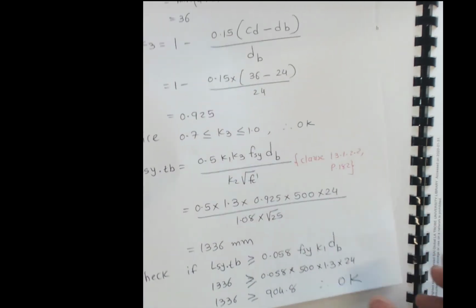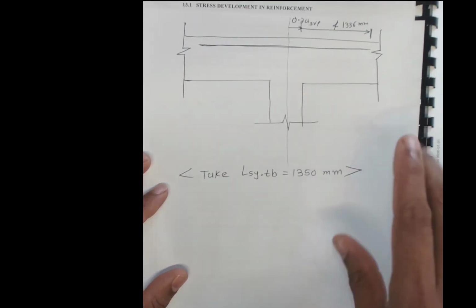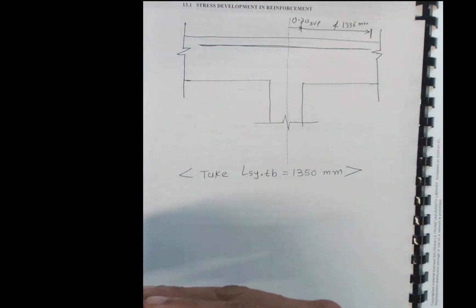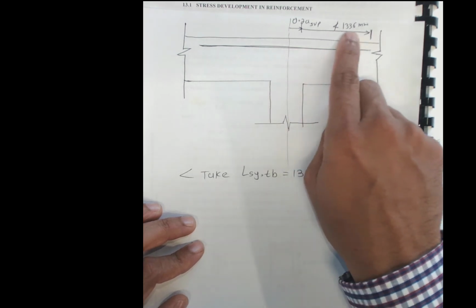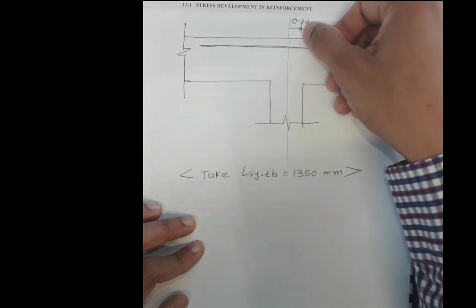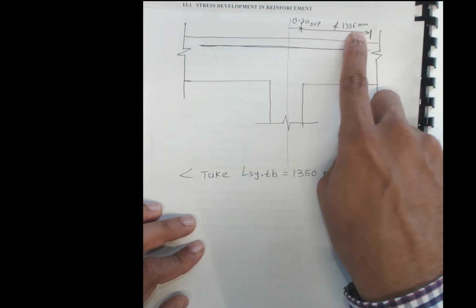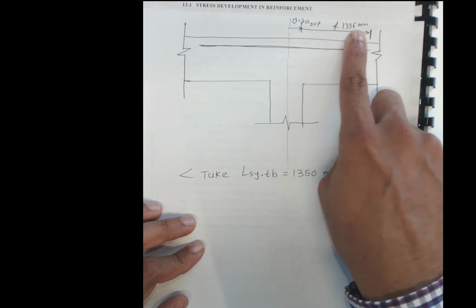So now we can just draw it in the format. Development length is generally applied when you have a beam and column connection that allows a transfer of the load from column to beam. So we have a development length from this end of the column to the beam, which should not be less than 1336.